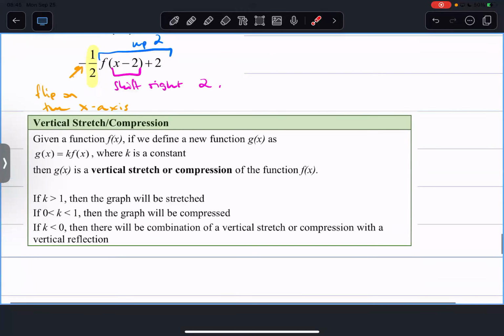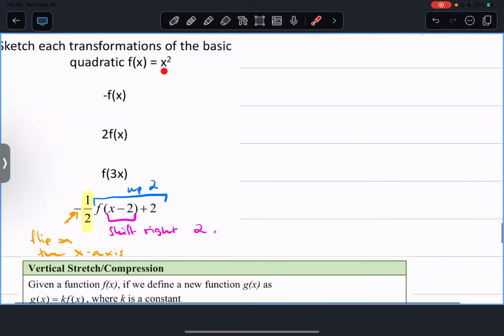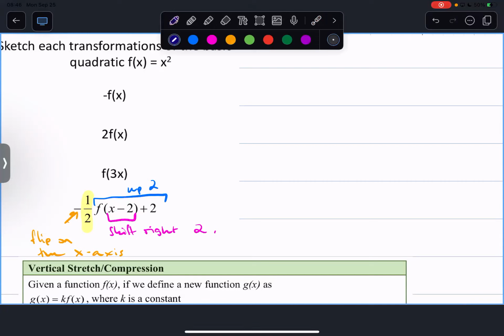So if I have to graph this, remembering that f of x is x squared, first thing I want to do is take negative 1/2 f of x minus 2 plus 2, where f of x is x squared.